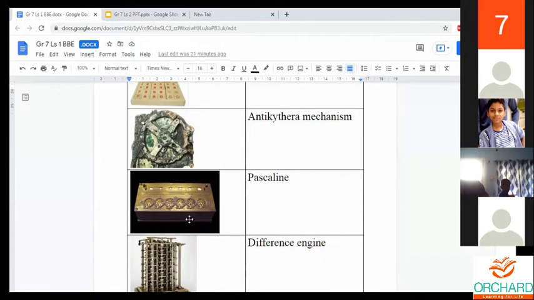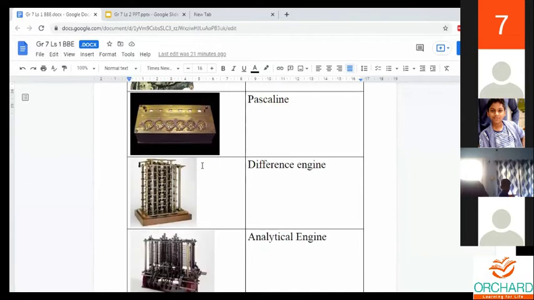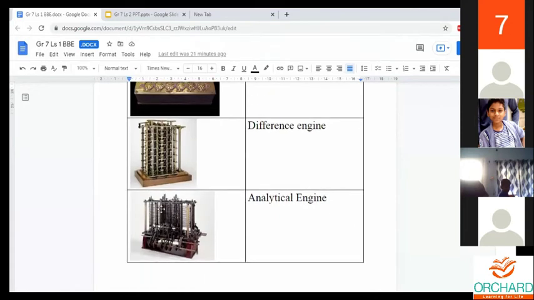Okay, and this is Pascaline. So these are called dial pads. So with this we can enter the instructions into the computer. This is Pascaline. And this is your difference engine. And this is your analytical engine. So both were invented by the father of computers, Charles Babbage, in the 19th century, right?